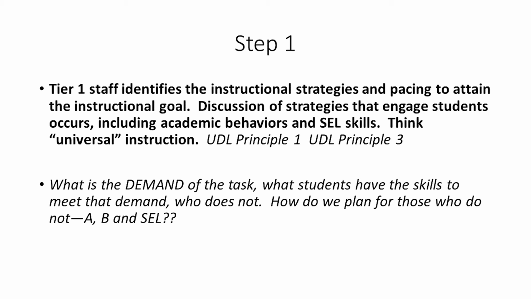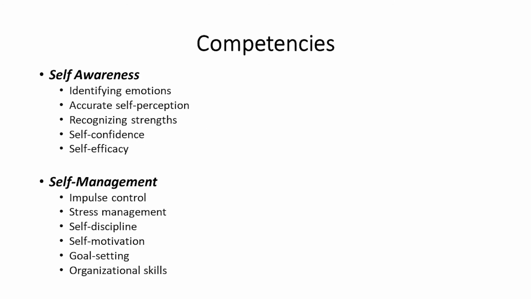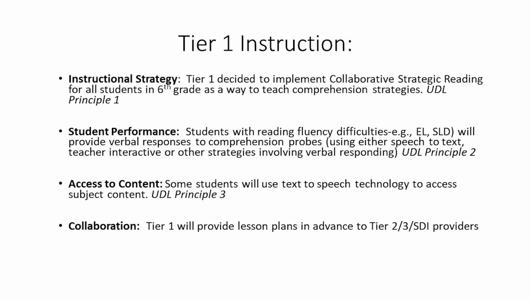So the staff identifies they went through all of these steps, and their product is this. Tier 1 instruction. Tier 1 decided to implement collaborative strategic reading for all 6th grade students as a way to teach comprehension strategies.